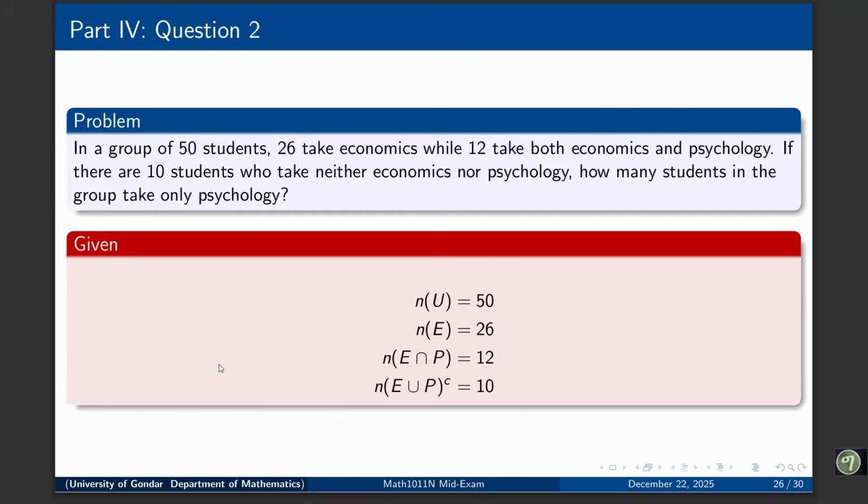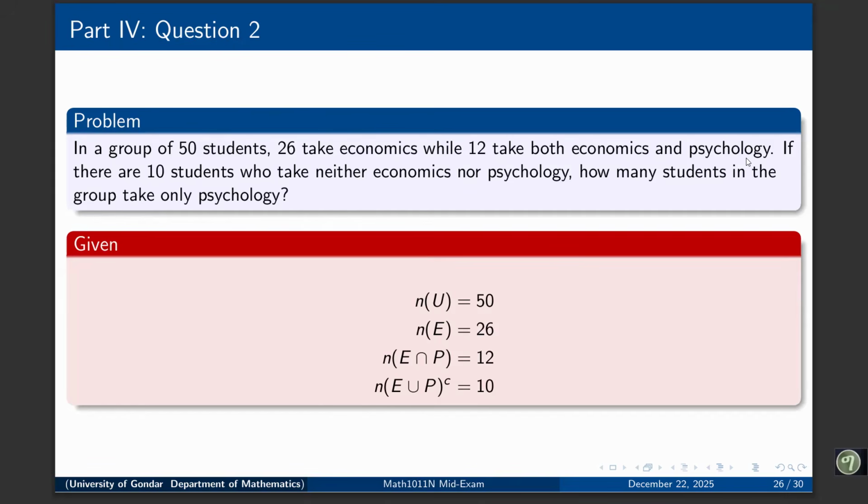Then the solution will be, what we are given here is the number of U, the universal set, which is the group of students, that is 50. The number of elements of E, those taking economics, is 26. The intersection of E and P, students taking both economics and psychology, is 12.